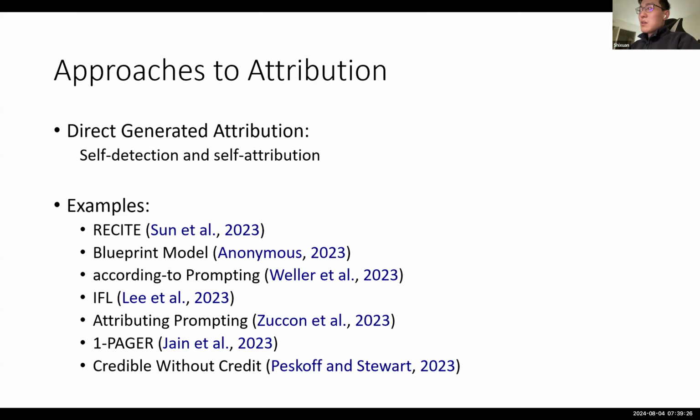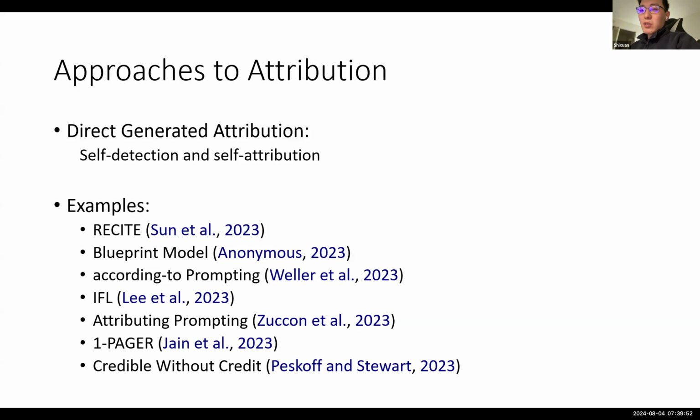One drawback of this kind of attribution method is also very obvious, because large language models themselves could hallucinate, right? So if your attribution contents are also hallucinated, then that will not be so convincing. But nevertheless, there are some examples for this kind of attribution method.